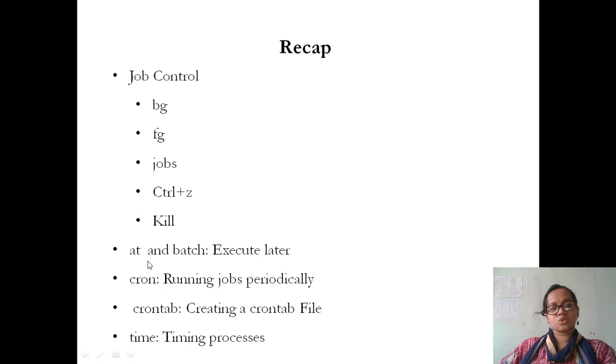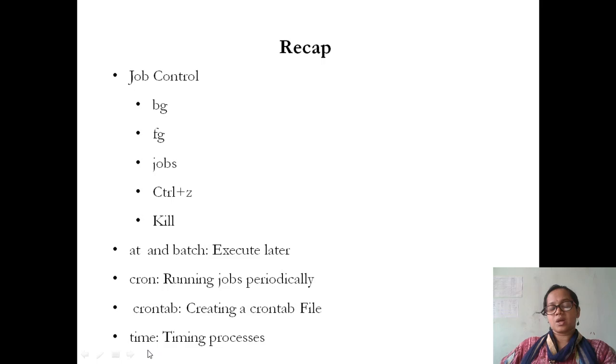AT executes at one time and batch is executed later, and there is also the cron command. In order to run jobs periodically and store them, we use the crontab. We can create our own crontab depending upon the system users. When you enter a system as a system user you can create your own crontab.